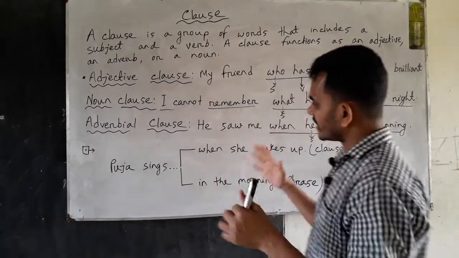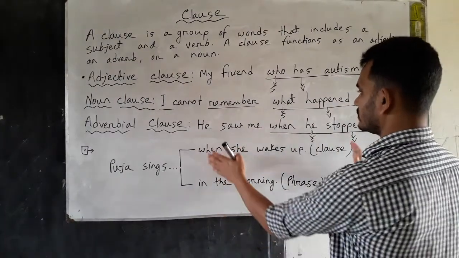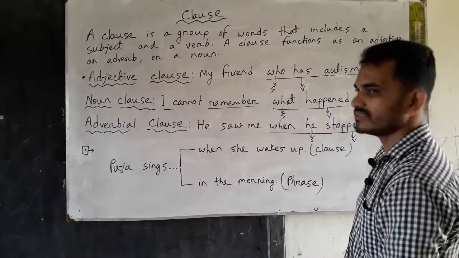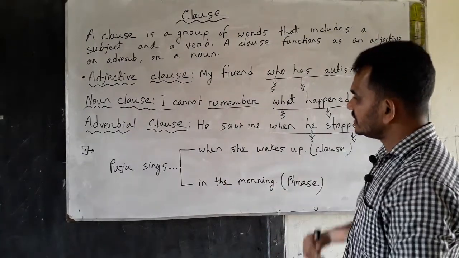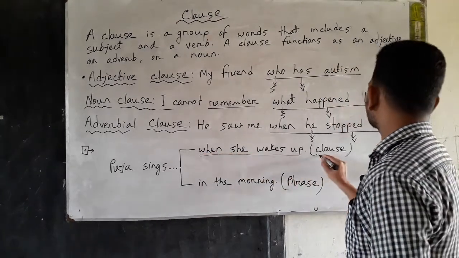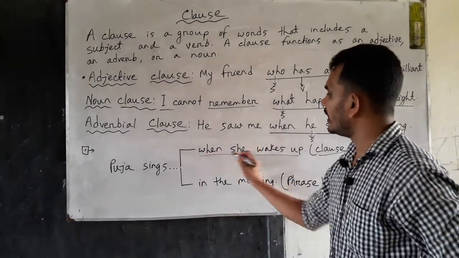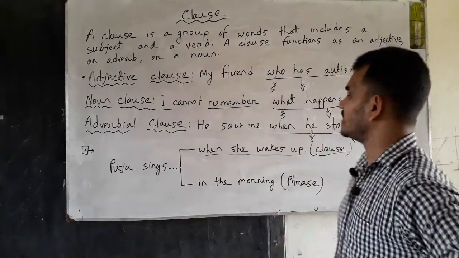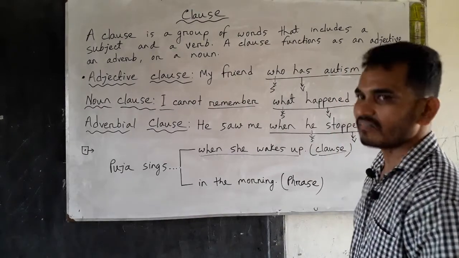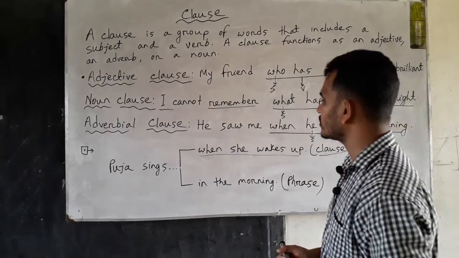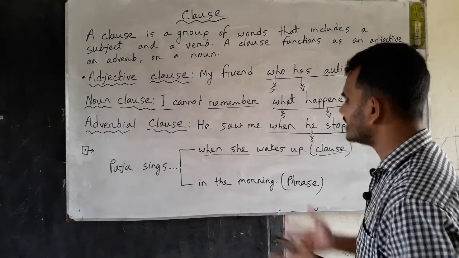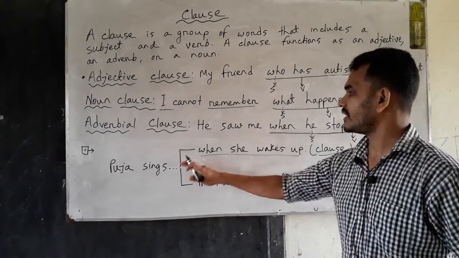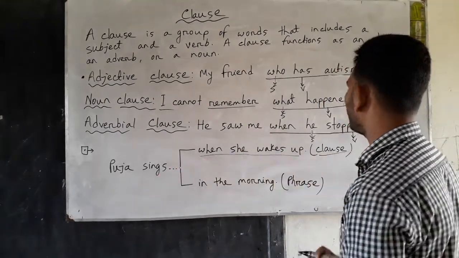Dear learners, if we use this part, when she wakes up, with Pooja sings, this part will be a clause, because here she is the subject and wakes up is the verb, and it also functions as an adverb, so it is an example of adverbial clause.